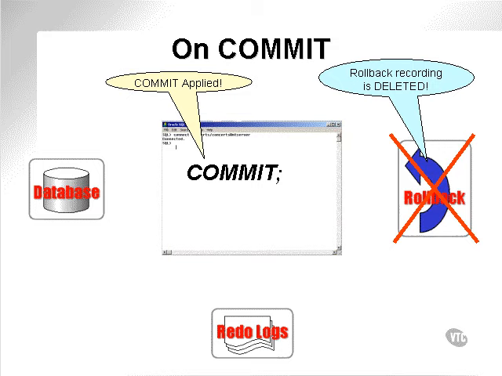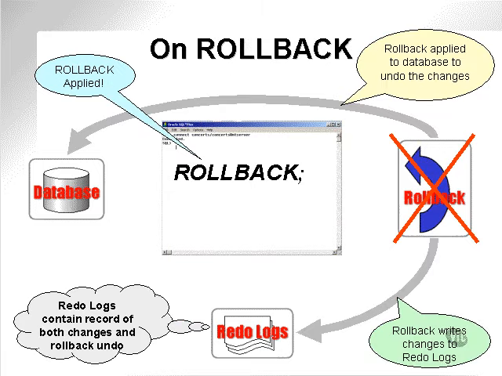In the case of rollback, rollback performs the most activity compared with commit and actually executing the SQL commands. Firstly, rollback will be applied to the database to undo the changes that have already been made, since the changes were made to the database even though the commit command was not executed.